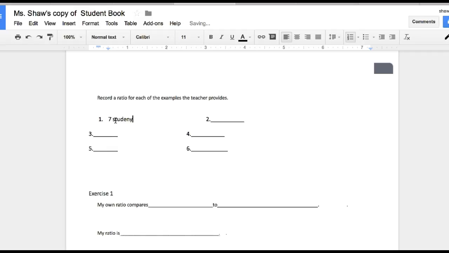Seven students traveled out of the state this summer. What's the ratio for that? Wait, you'll need another number. Let's look at number 2.